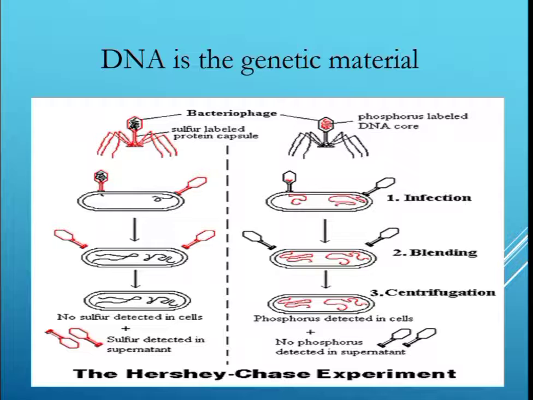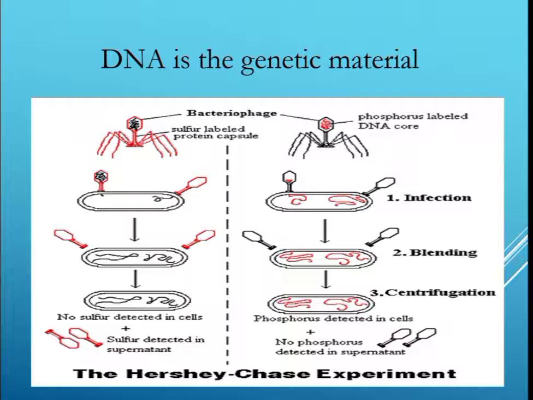The proof that DNA is the genetic material came from the experiments of Alfred Hershey and Martha Chase in the year 1952. They carried out some experiments with viruses that infect bacteria, called bacteriophages. The genetic material of the bacteriophage enters the bacterial cell after the bacteriophage gets attached to the bacteria.